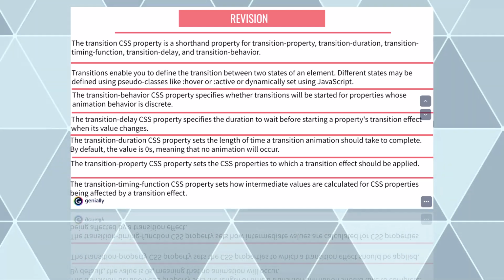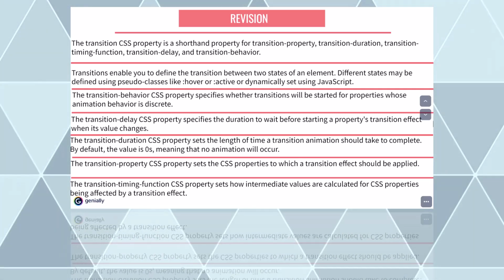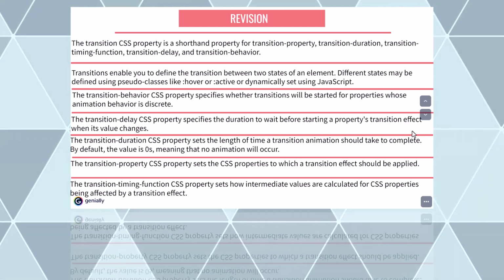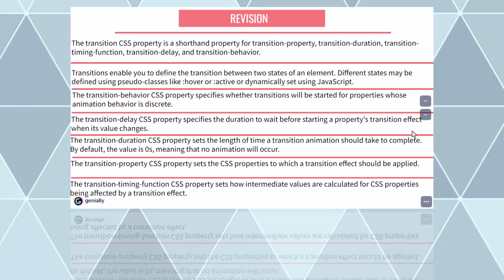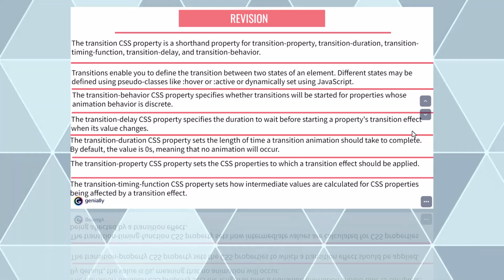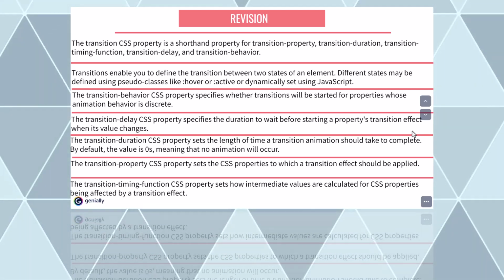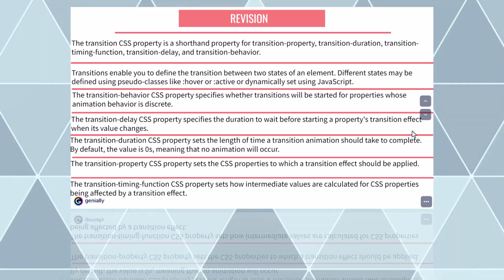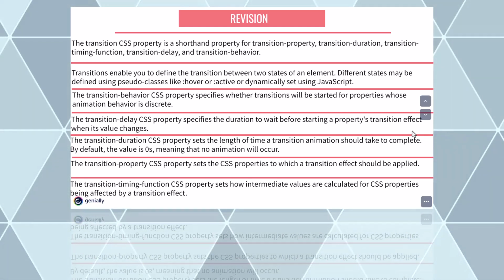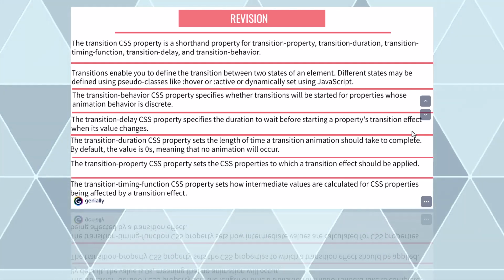So the transition timing function CSS property sets how intermediate values are calculated for CSS properties being affected by a transition effect. Let's say, for an example, on transition property, that's where we chose what properties we are animating, right?